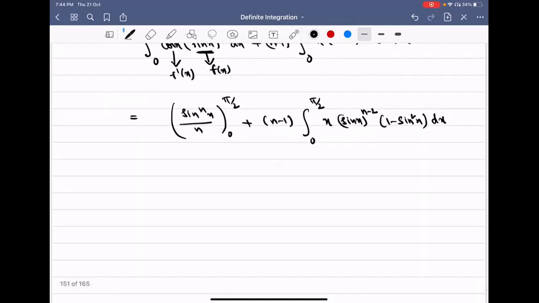Now if you substitute the upper limit, sin of pi by 2 is 1, therefore 1 by n, minus the lower limit, which becomes 0. Therefore 1 by n.